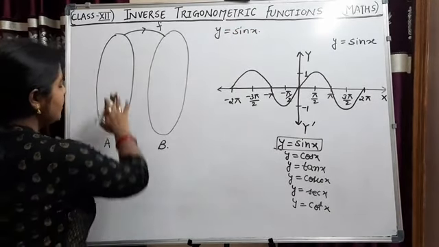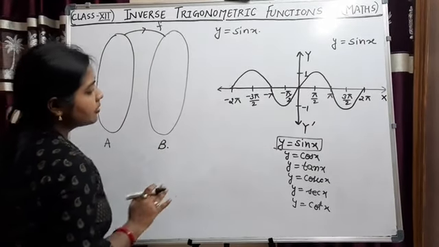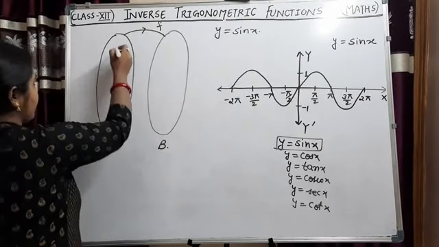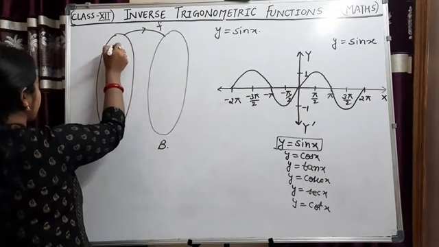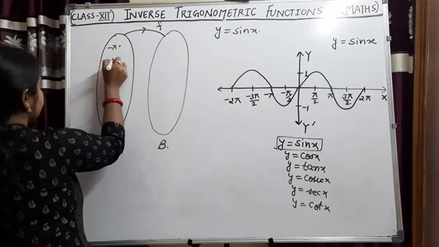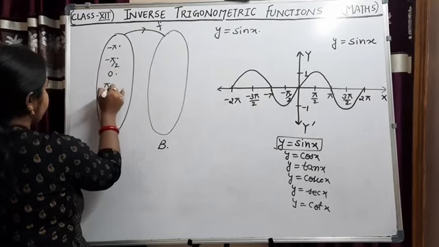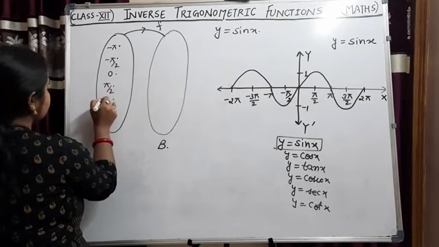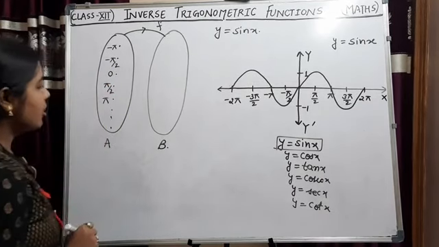In the first set I am going to write some elements from the x-axis: minus pi by 2, then 0, then pi by 2, then pi. Some more elements are there, but I am not going to write them.